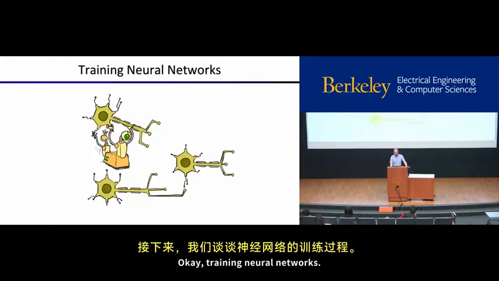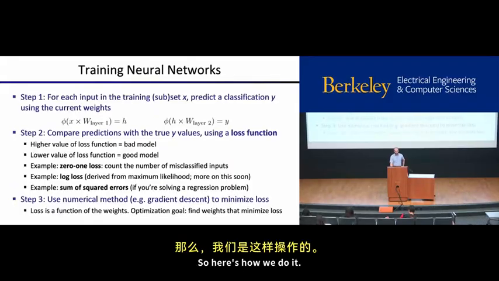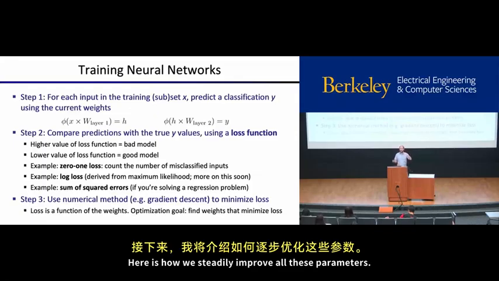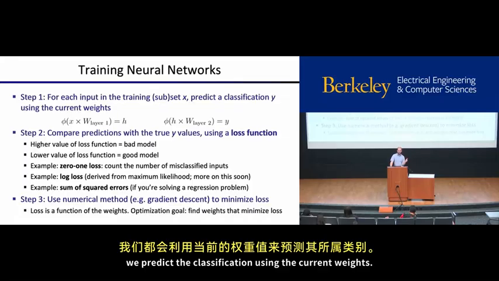Okay, training neural networks. So here's how we do it. Here's how we steadily improve all these parameters. For each data point, we predict the classification using the current weights.